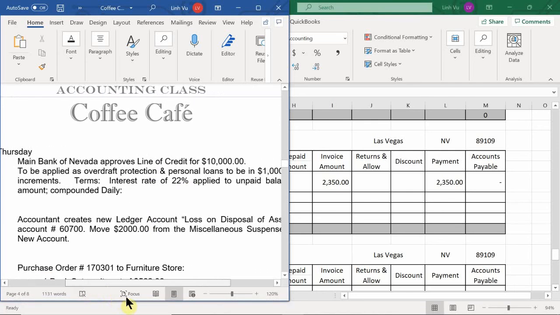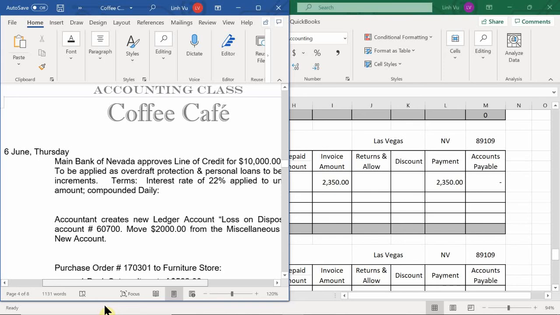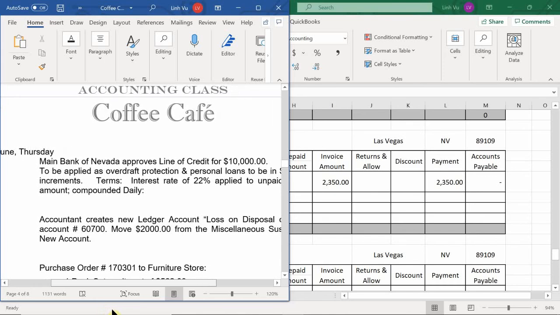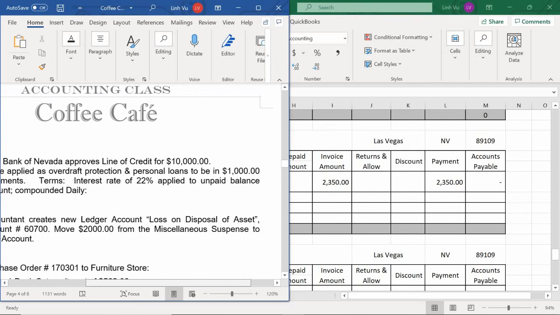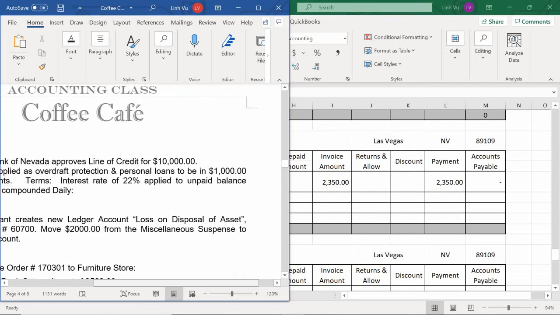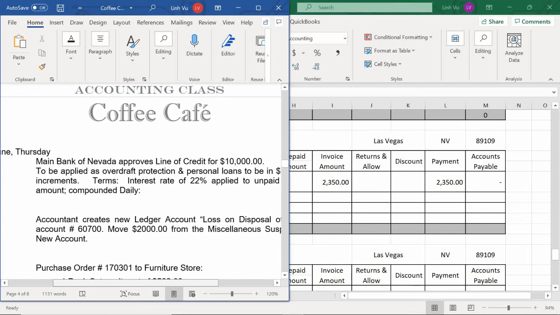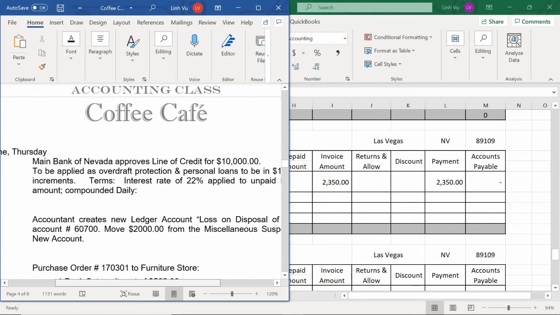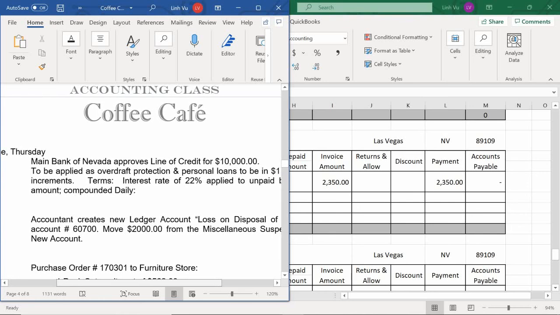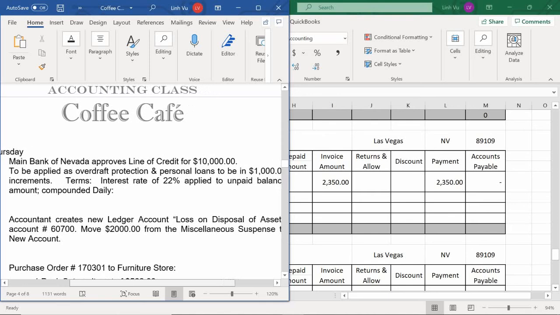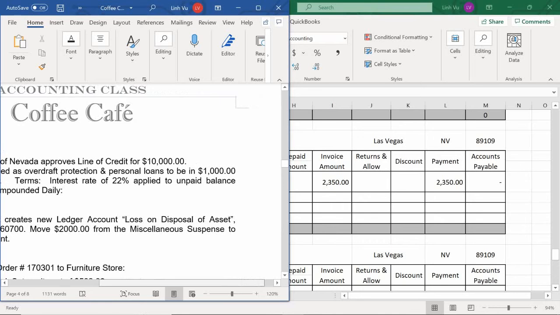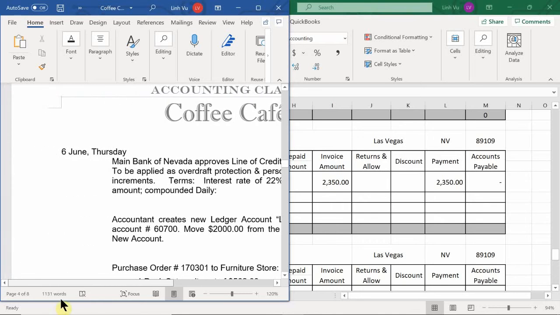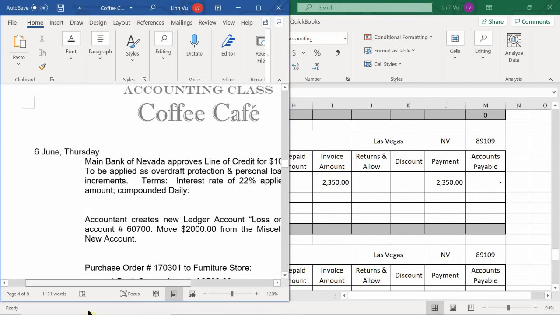It is to be applied for overdraft protection and personal loans in increments of $1,000. So they let you take out $1,000 each time if you're doing a personal loan. If not, the terms here are that the interest rate is going to be 22% applied to unpaid balances, compounded daily.